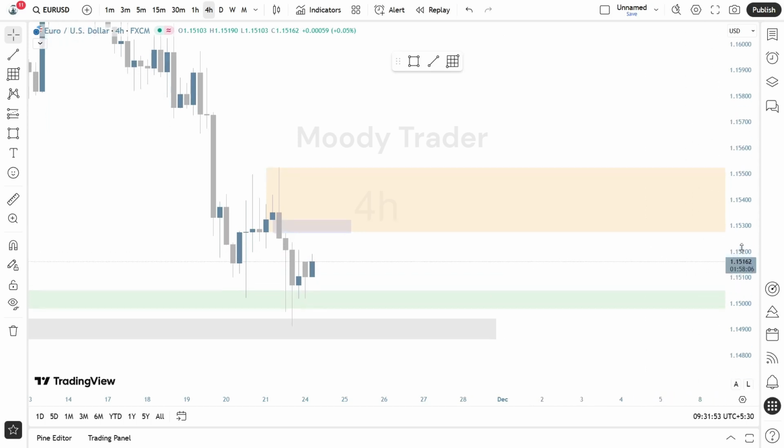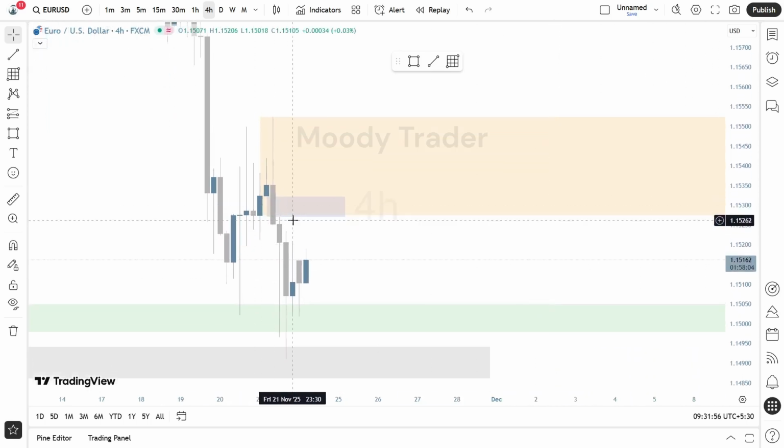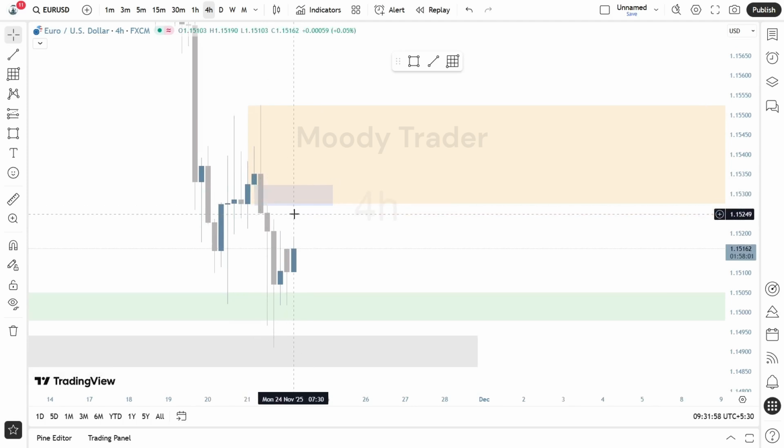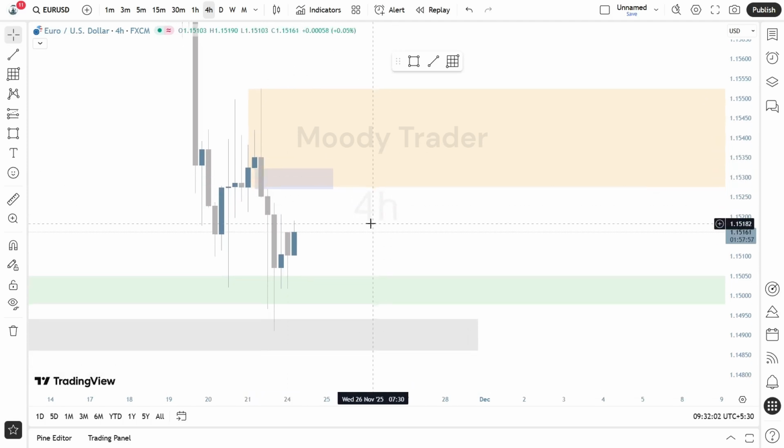As we move into the 4 hour, what we have is this FVG range in the price, which aligns with the daily range of wick, and the price is already moving higher. So let's move to the 1 hour now.